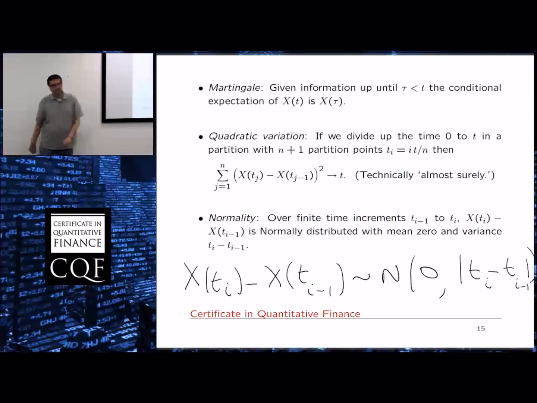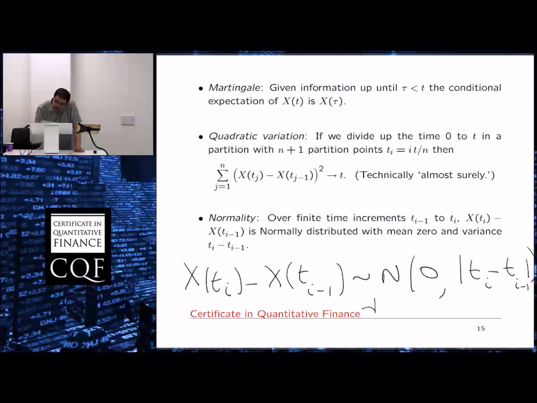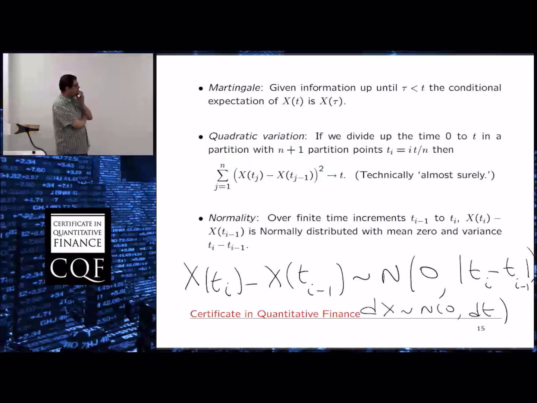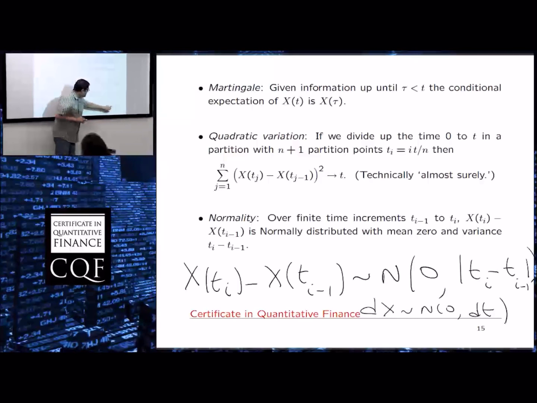This allows us to write down that dx, which is an increment in a Brownian motion, is normally distributed with a mean of 0 and a variance of whatever the time step is, dt. So we're going to use that particular version here.